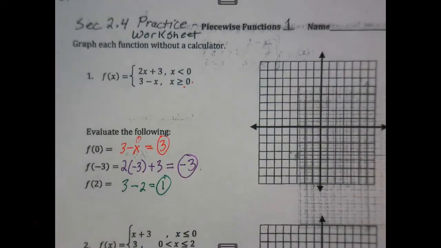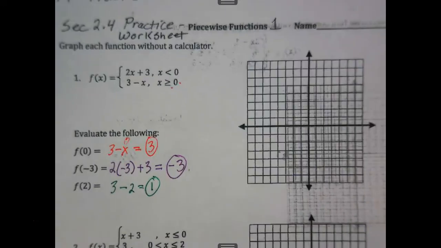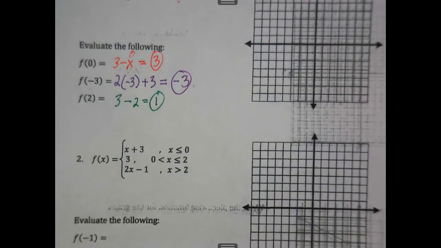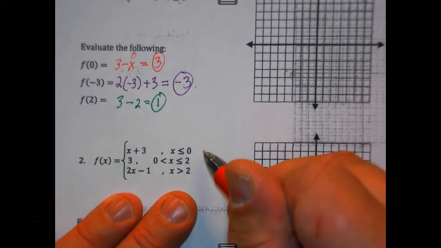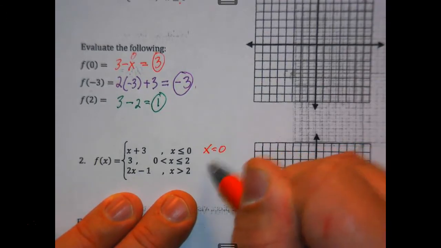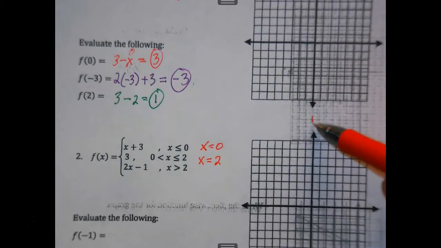Now, look at number 2. Look at our domain restrictions here. We no longer have one boundary line. We have two boundary lines. What are our boundary lines here? X equals 0 and x equals 2. So here's our boundary lines.